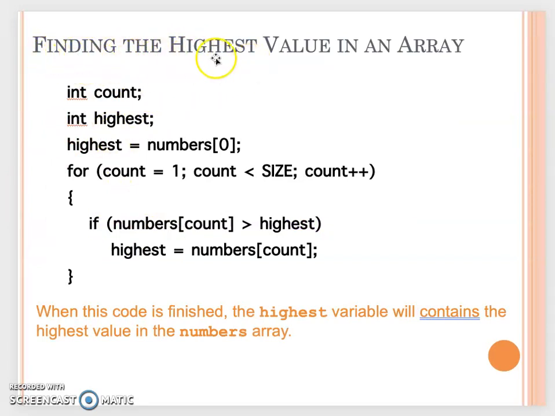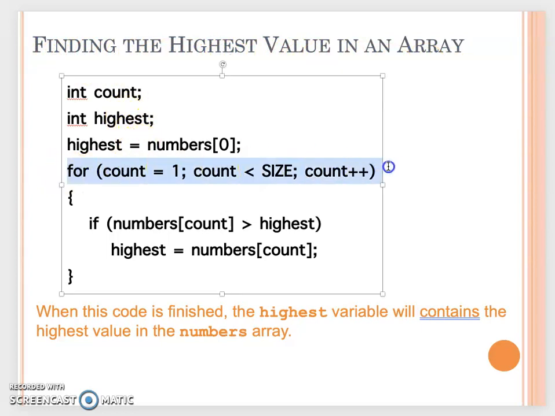In order to find the highest value in the array, the first thing we need to think about is that we always need to compare the value with each element. Usually you can define a variable we call highest.